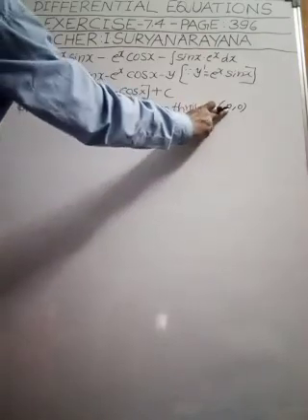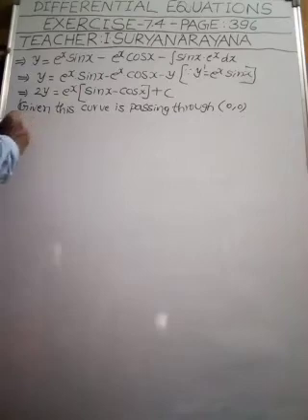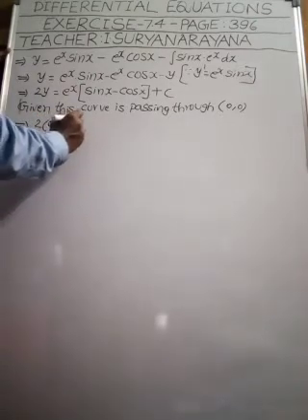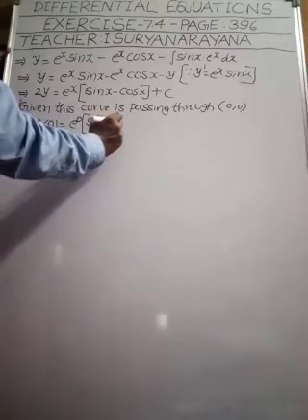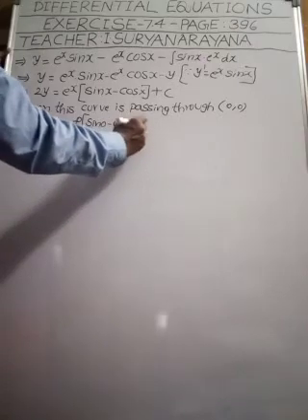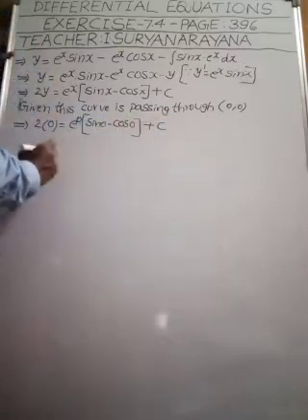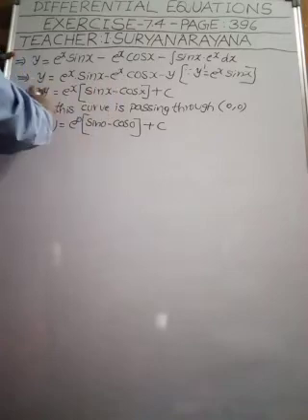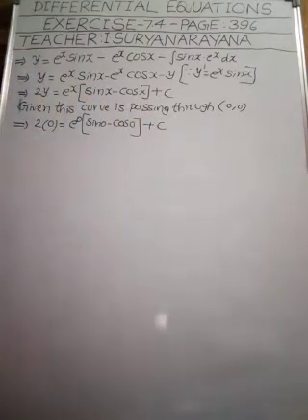Means we have to substitute x is equal to 0 and y equal to 0 in this equation. Okay, my children? Right. This implies 2 into 0 is equal to e power 0 into sin 0 minus cos 0 plus c. Understood this point, my children? I have substituted x is equal to 0 and y is equal to 0 in this equation. Then we get the value of c. Then we get the particular solution of the differential equation.